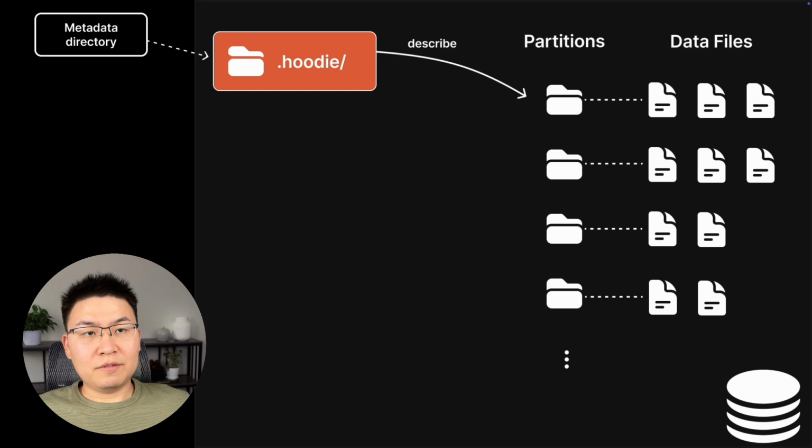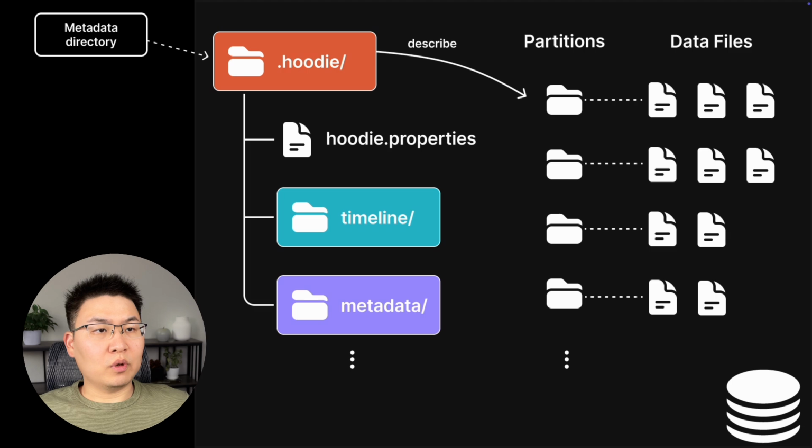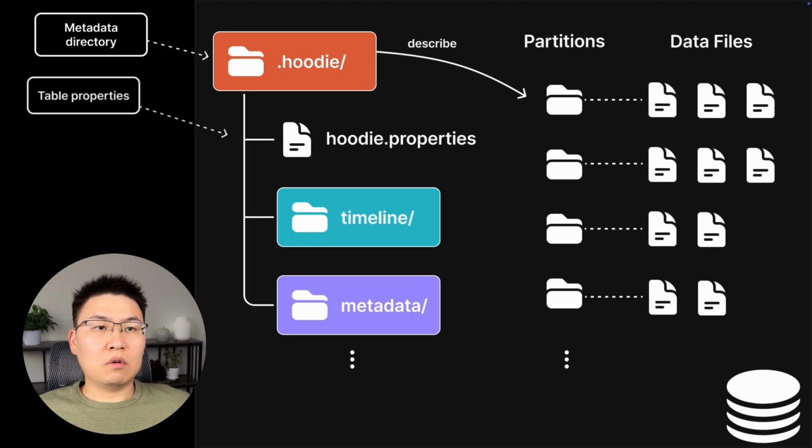The metadata lives in a .hoodie directory under your table base path. Inside this directory, you will find various types of metadata for different purposes. You will have a hoodie.properties that contains table configurations.